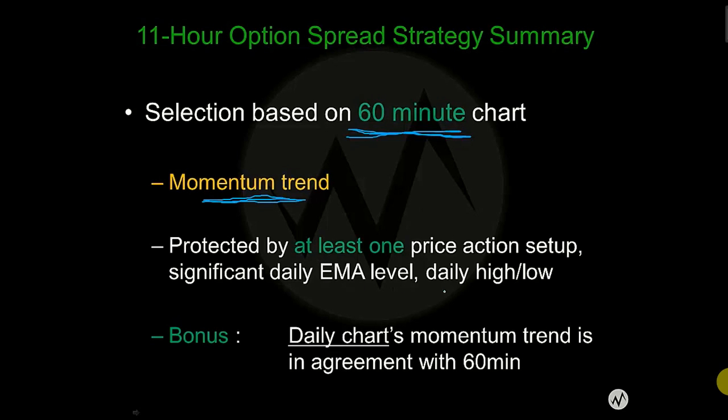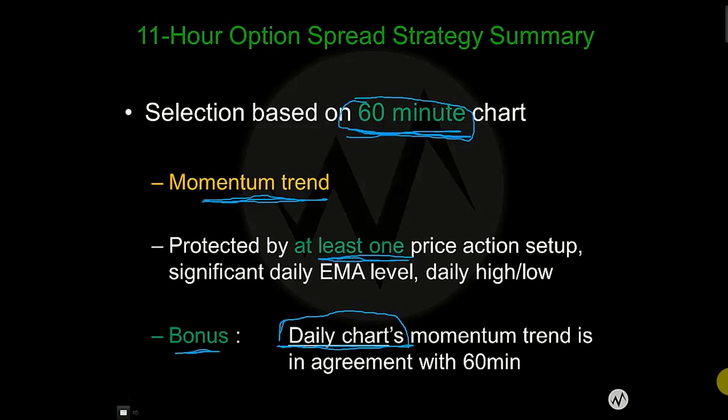But what we're trying to do is have at least one of these in place on this more aggressive shorter term trade. Now, as a bonus, we're going to try to go in the same direction as the daily chart. We're primarily trading on a 60-minute, but if we can go in the same direction as the daily, that's an extra bonus. We try to do that.